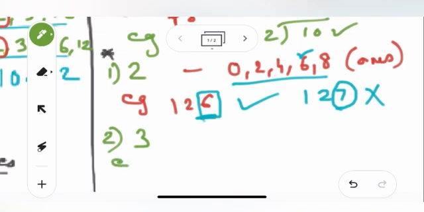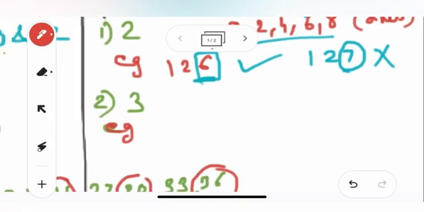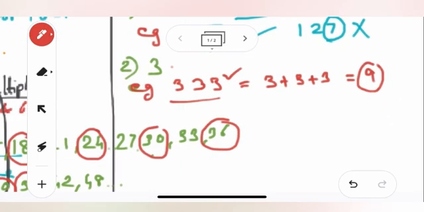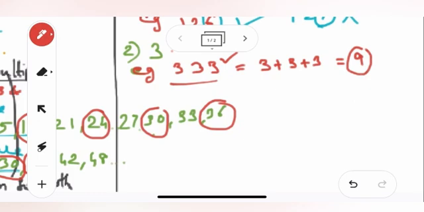Example, if I have the number 3333, if I add 3 plus 3 plus 3 plus 3, my total answer is 12. Is this divisible by 3? Yes. That means this number is divisible by 3.